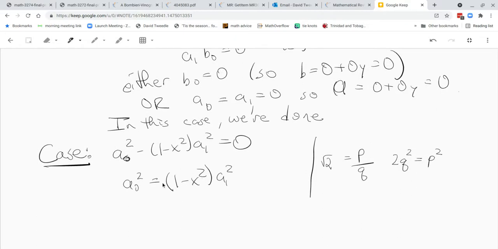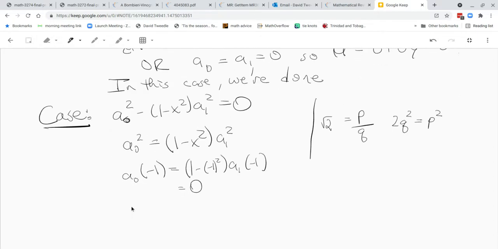So what does this mean? This means that a0 of -1, so we're substituting for x, is just going to be 1 minus -1 squared times a1 of -1, well, that's just 0. So -1 is a root of a0. Similarly, a0 of 1 is 0, so 1 is a root of a0.